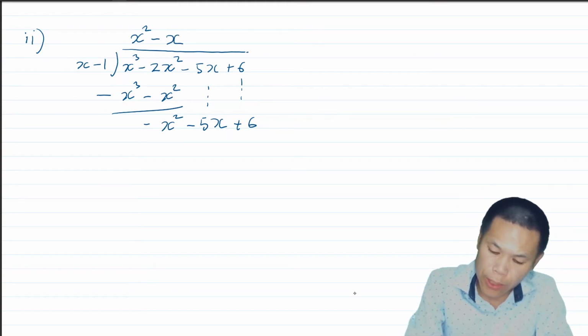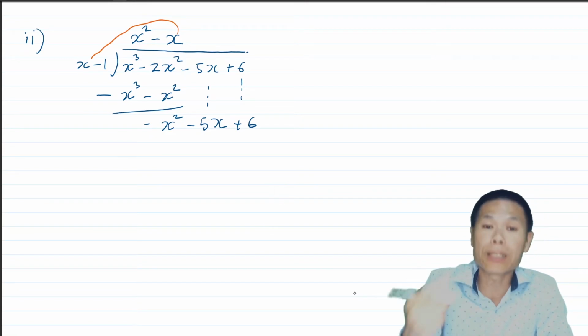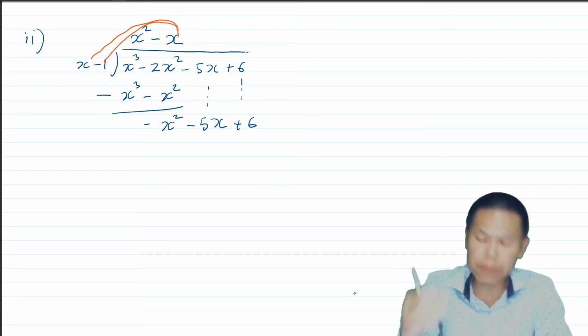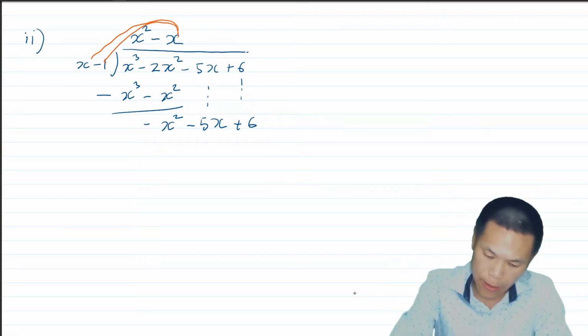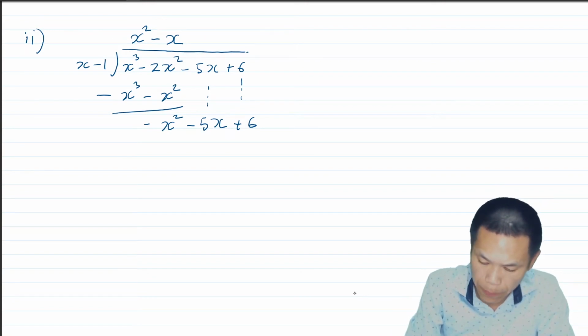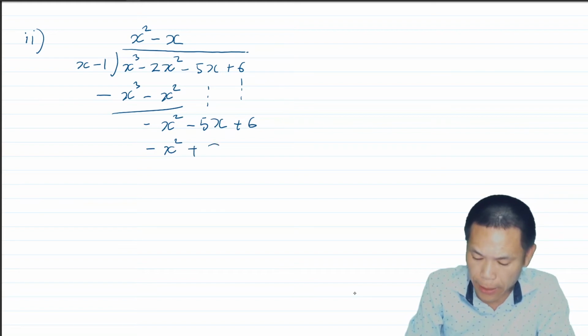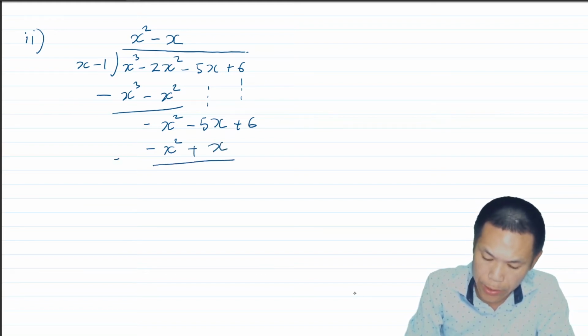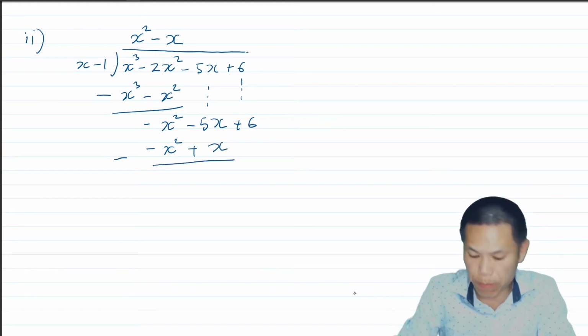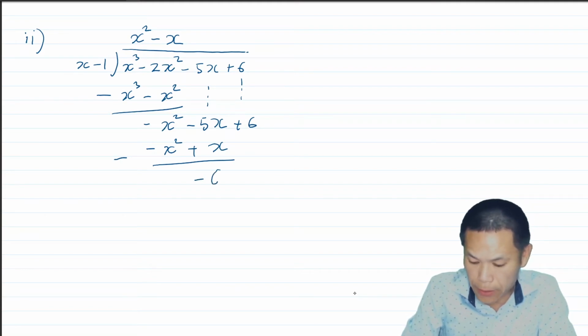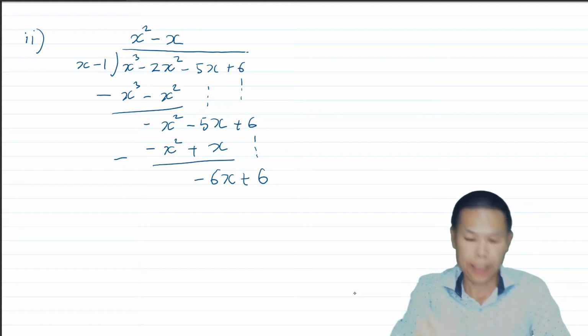And then negative x times x is negative x squared. Negative x times negative 1 gives me x. So that is negative x squared plus x. Subtracting that gives me negative 6x. I bring this 6 down, that becomes plus 6.